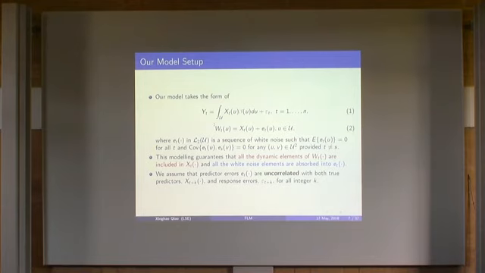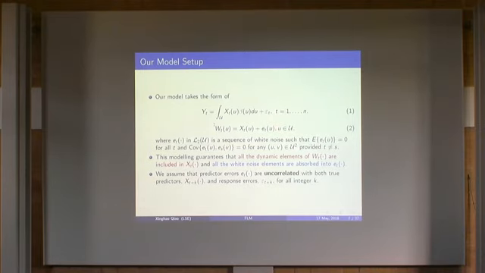In this framework, we also assume that the errors for the predictors are uncorrelated with both the true predictors at different lags and the response errors. So here, this is the response error.